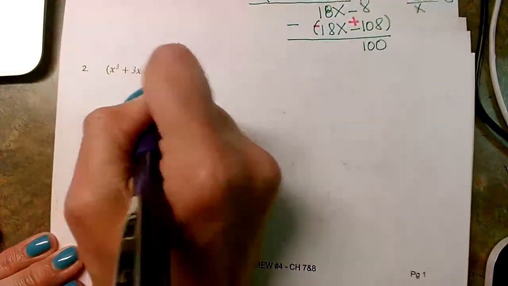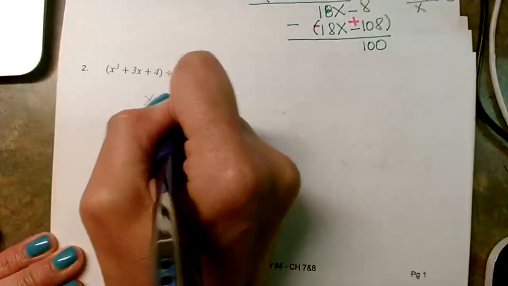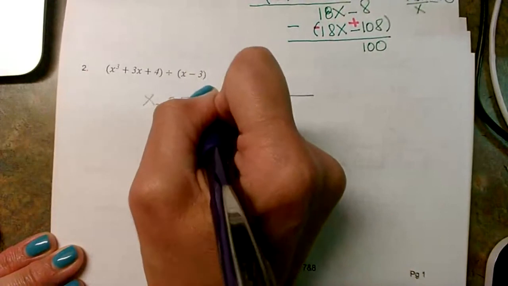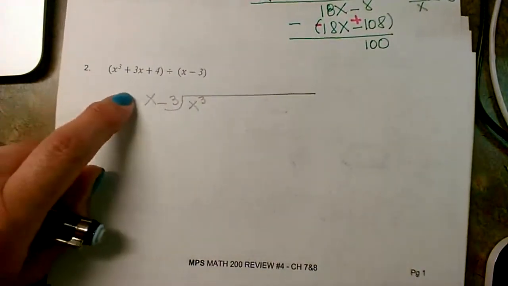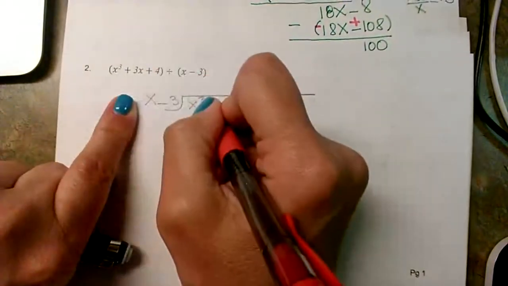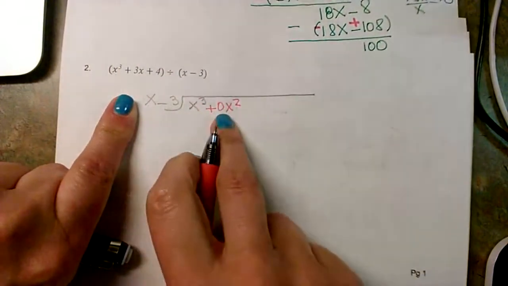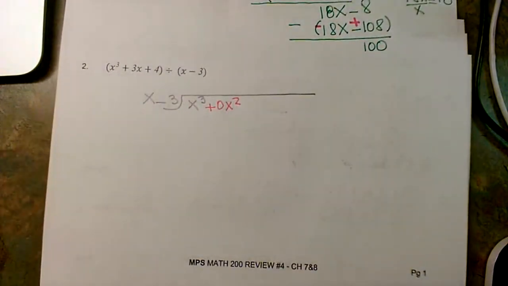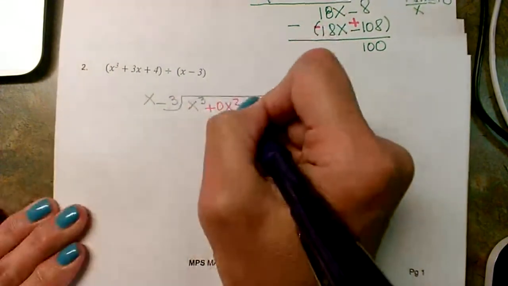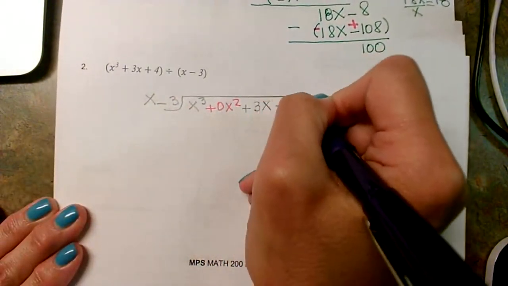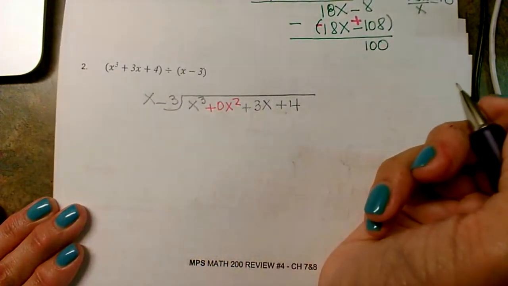So we have the x minus 3 right here again, guys. Don't forget, needs to be descending order. And we're missing the x squared. So I'm just adding that. Just saving a place there. Okay?